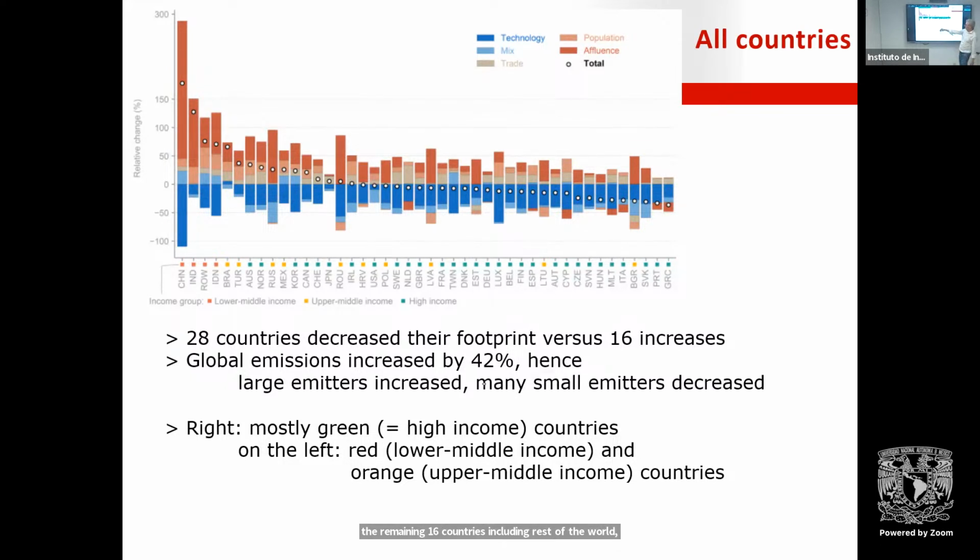So given the fact that the global emissions increased by 42%, it means that the large countries, the large emitters, increased their emissions, and the small countries like the drop in the Mediterranean, Malta, Greece, and the Netherlands, etc., small emitters decreased their emissions. Also, on the right-hand side, with the largest decreases are the high-income countries, and on the left, the red and the orange are on the left.